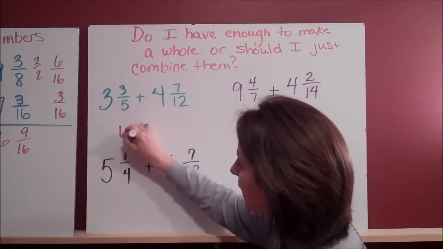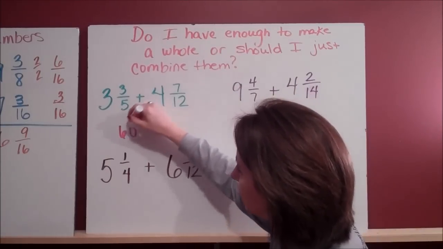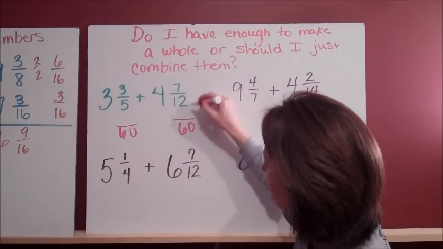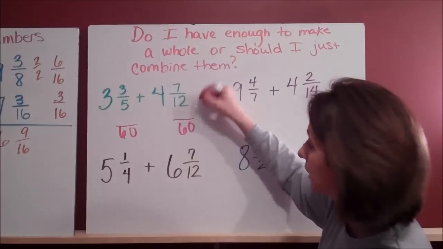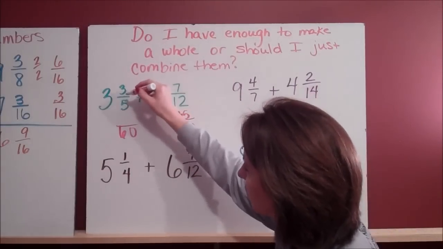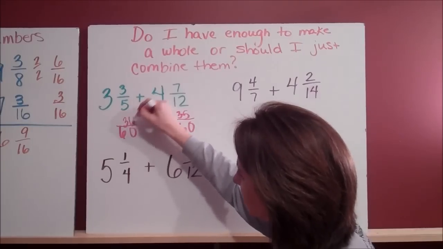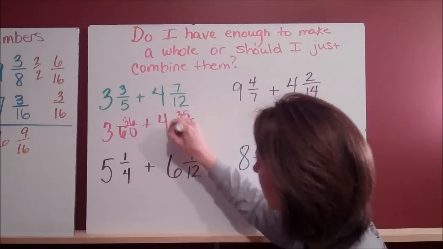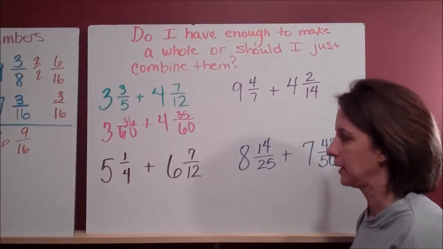My least common denominator is 60. So 12 times 5 is 60, 7 times 5 is 35. 5 times 12, 3 times 12 is 36. So I have 3 and 36/60ths plus 4 and 35/60ths.